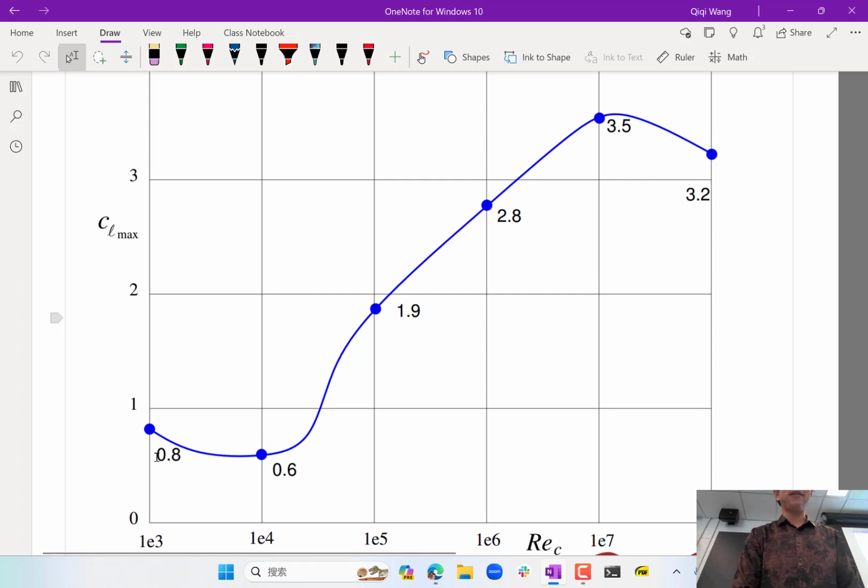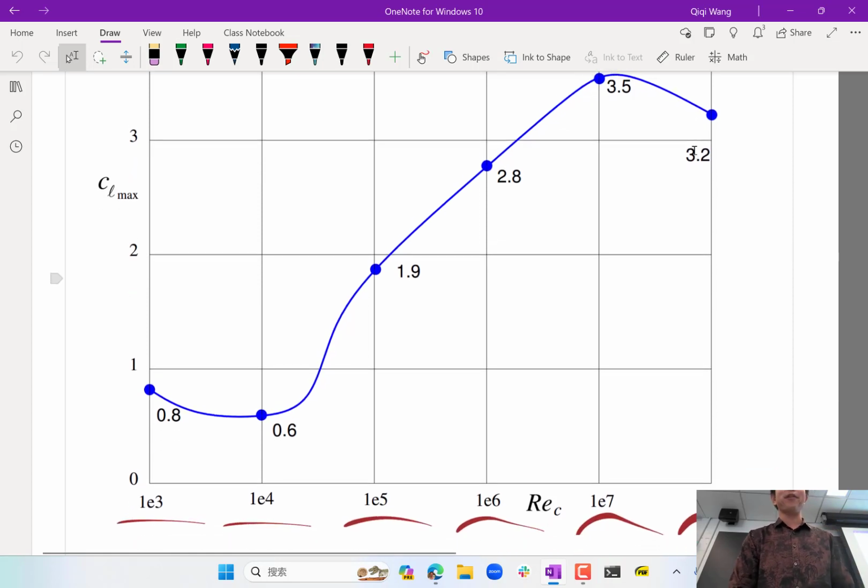It turns out there is a very strange curve that goes like that. And the best airfoils to get the CLmax at different Reynolds numbers look very different. We won't be able to know quantitatively how to get to this, but we'll analyze all of this and see, at least, why the airfoils have to be very different for different Reynolds numbers based on what we have learned.